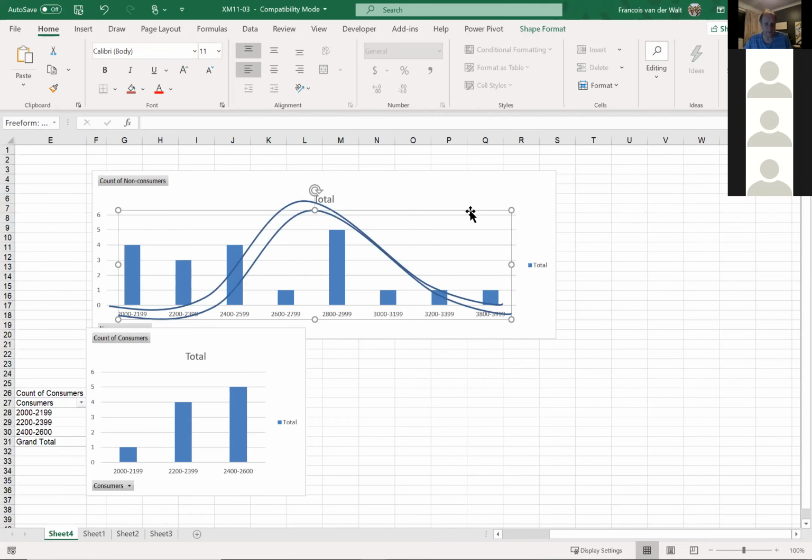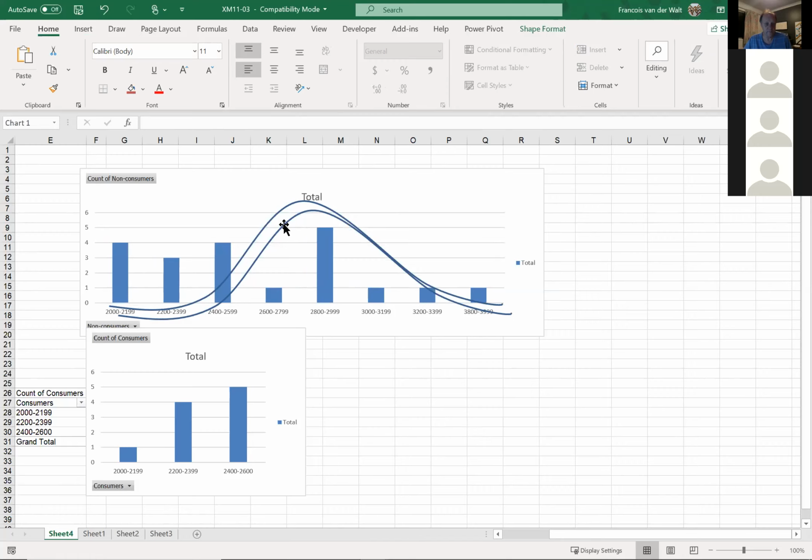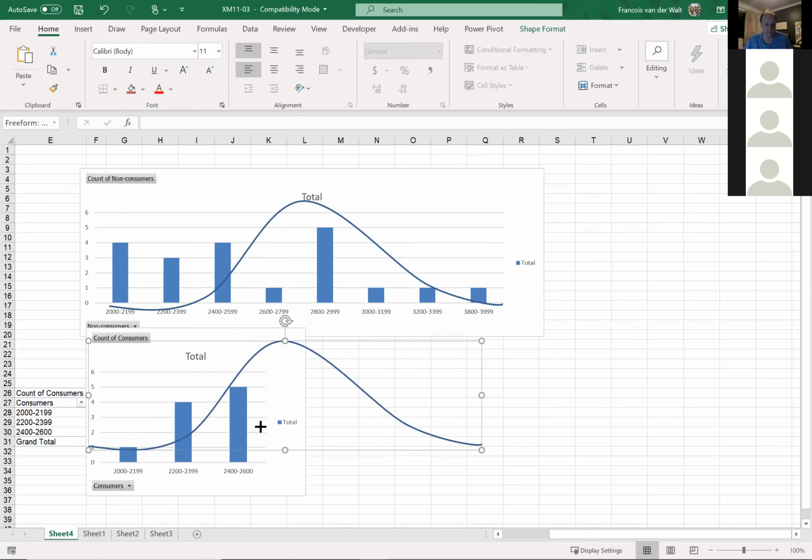This one will be significantly narrower.